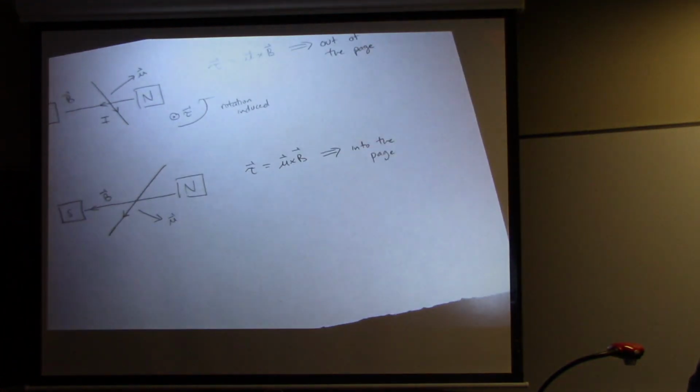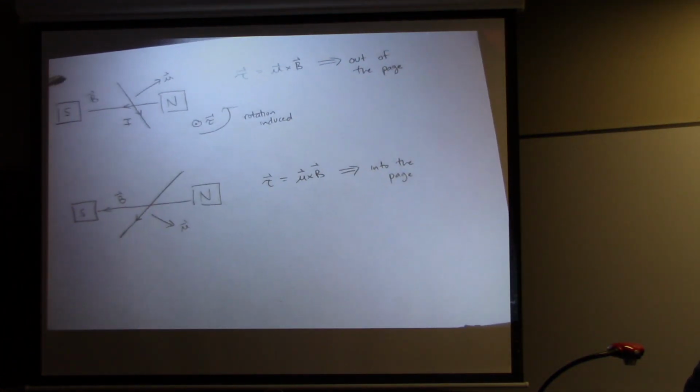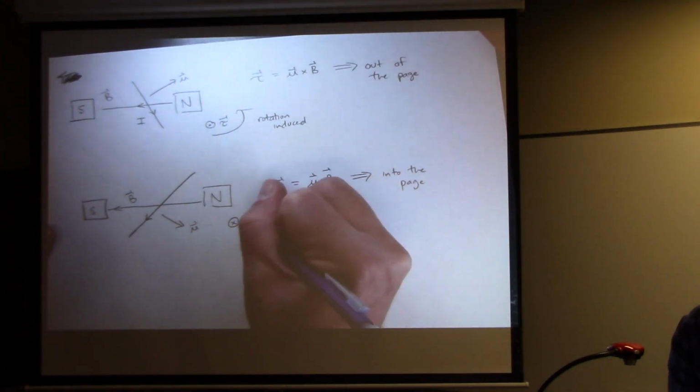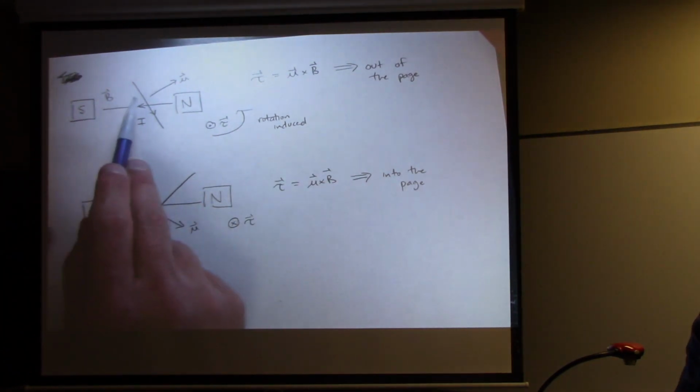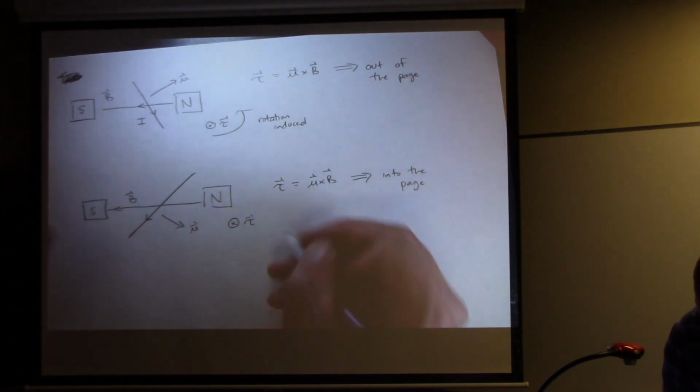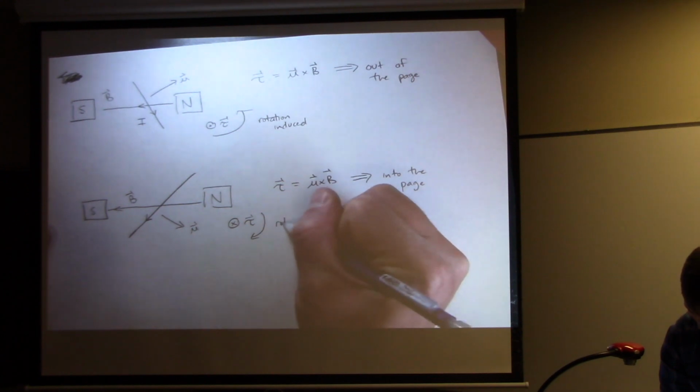Okay, so it looks like my torque has reversed direction as my current loop has passed over this vertical position.